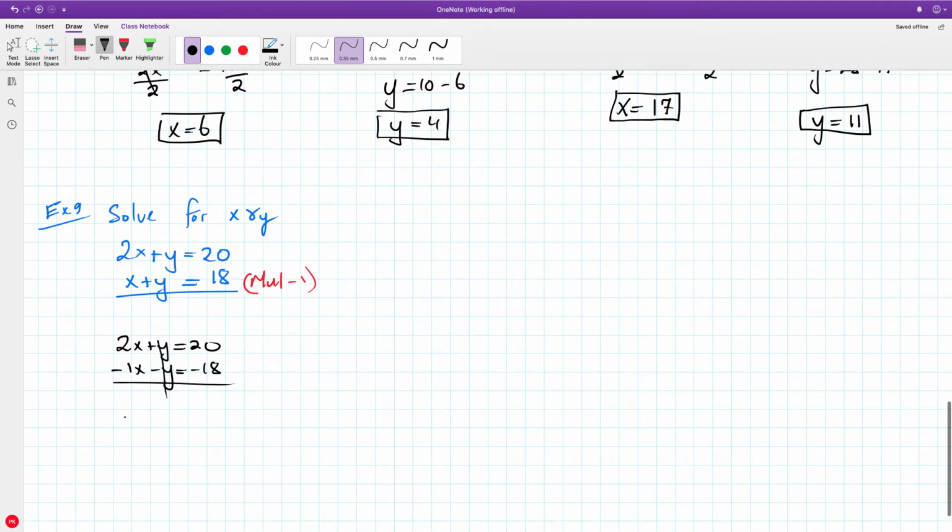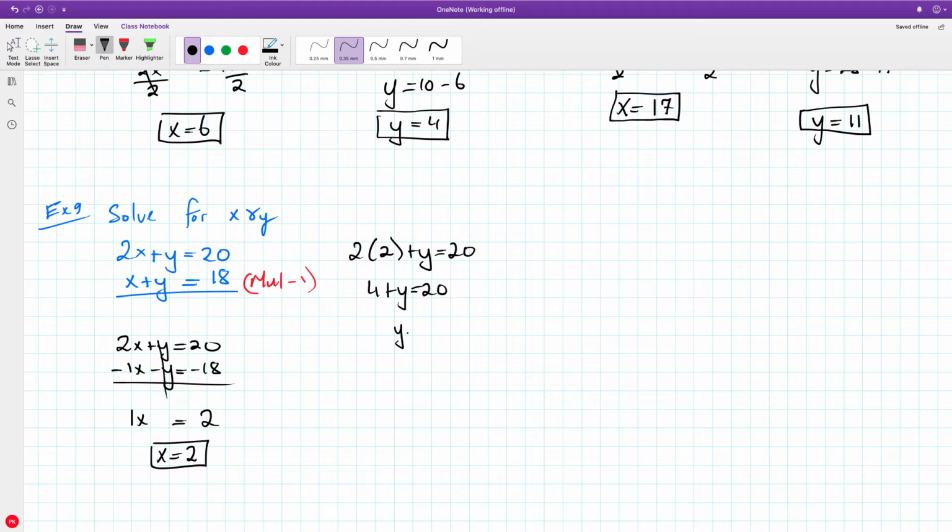Plus y, minus y cancel. 2x minus 1x is 1x, is equal to 20 minus 18, which is 2. x is equal to 2 is our answer. Sub it back into our top line: 2 times 2 plus y equals 20, 4 plus y equals 20, y is equal to 20 minus 4, y is equal to 16. We happy with 2 and 16?